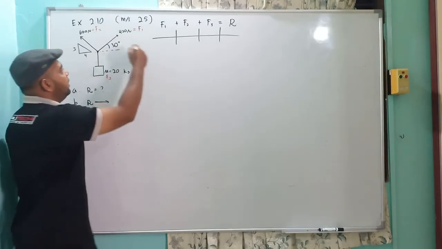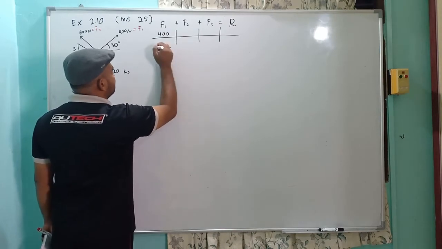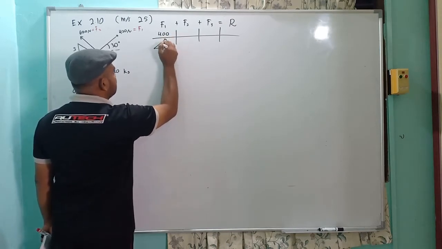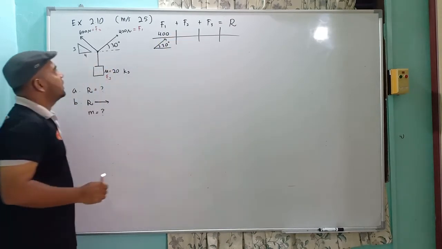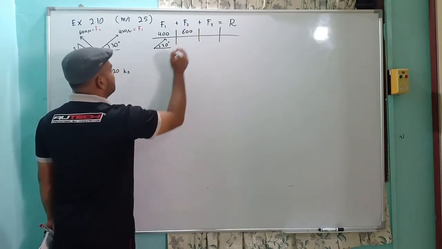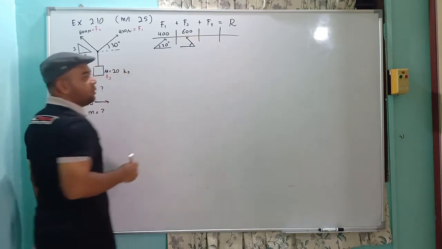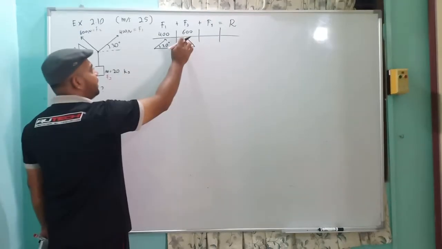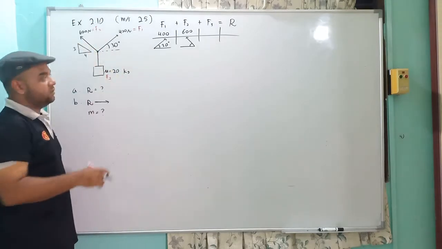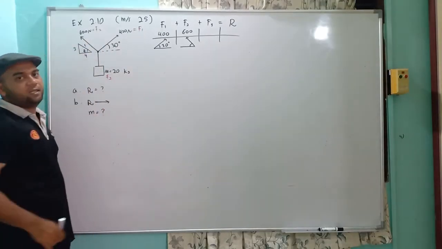So the first one, F1, the magnitude is 400 Newton, and the direction is 30 degree. F2 is 600 Newton. Okay, direction is this way. You need to calculate what is the value of theta, the angle here. Given 3, 4, 5, this is 3, 4, so this is 5. So you can calculate what is the angle here.